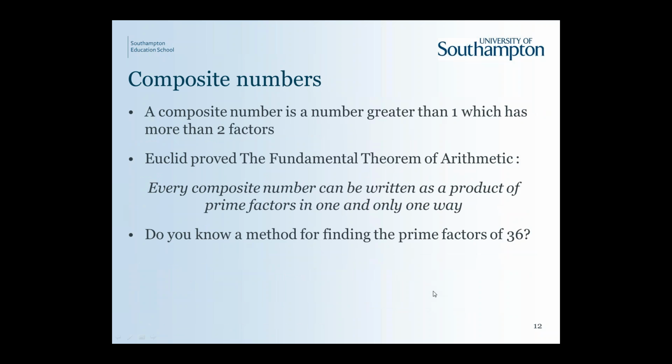Right. So knowing about primes leads us on to knowing about composite numbers, which are just numbers greater than 1 which have more than 2 factors. So the fundamental theorem of arithmetic, as Matt was saying, which Euclid proved, says that every composite number can be written as a product of prime factors in one and only one way, which is great, because if we couldn't, we'd all be coming up with different ways to make a number, which could lead to different complications.